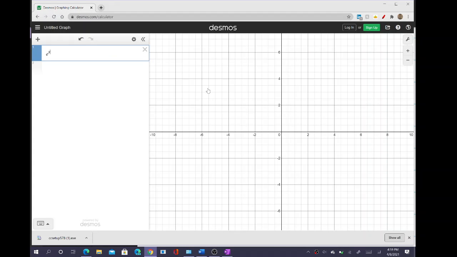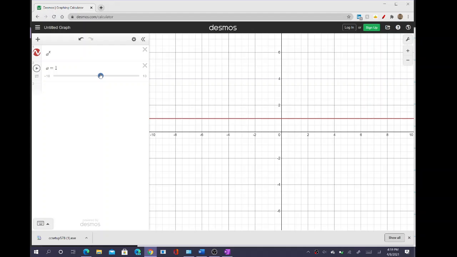If we look at e to the x, or a function of the form a to the x, and we move this around, it gets narrower and narrower. If a is less than 1, we have exponential decay.